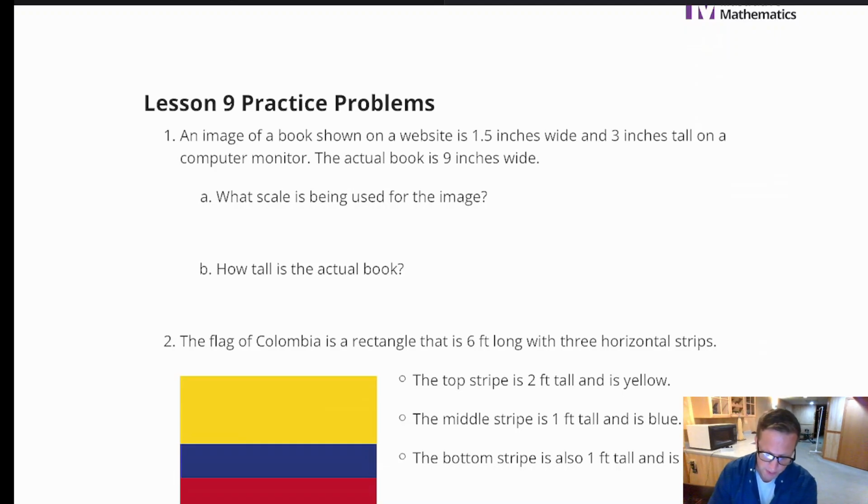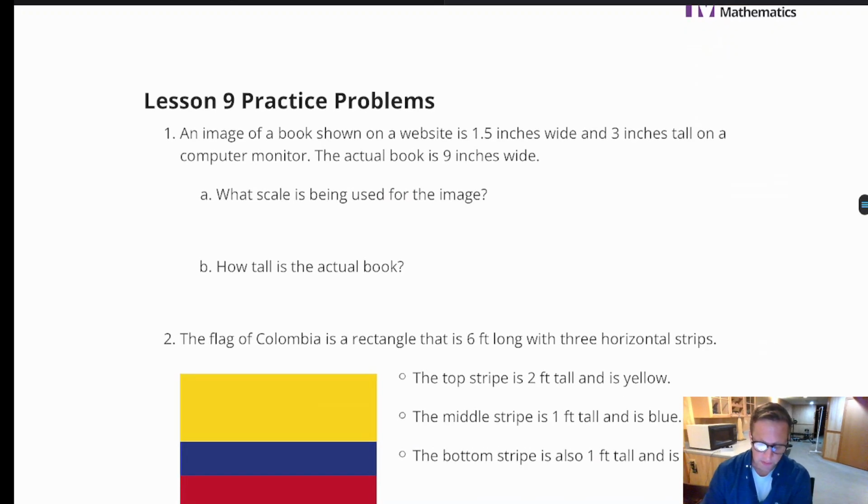So what I think is the first thing you want to do on this one is start comparing corresponding values. Right here it says the actual book, the width of the book is 9 inches, okay? And also mentioned right here, the width of the scale drawing of it is 1.5 inches wide.